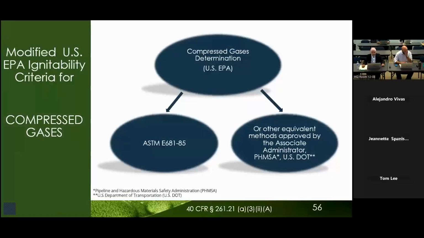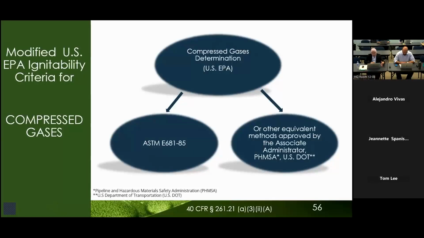These are the existing criteria for ignitability determination of compressed gases in federal regulations, as the US EPA has already updated its regulations to align with the current USDOT's revised methods. US EPA updated regulations replaced the outdated references to the BOE, or Bureau of Explosives, with the language from the USDOT regulations that existed in the 1980s when the RCRA regulations were first finalized.